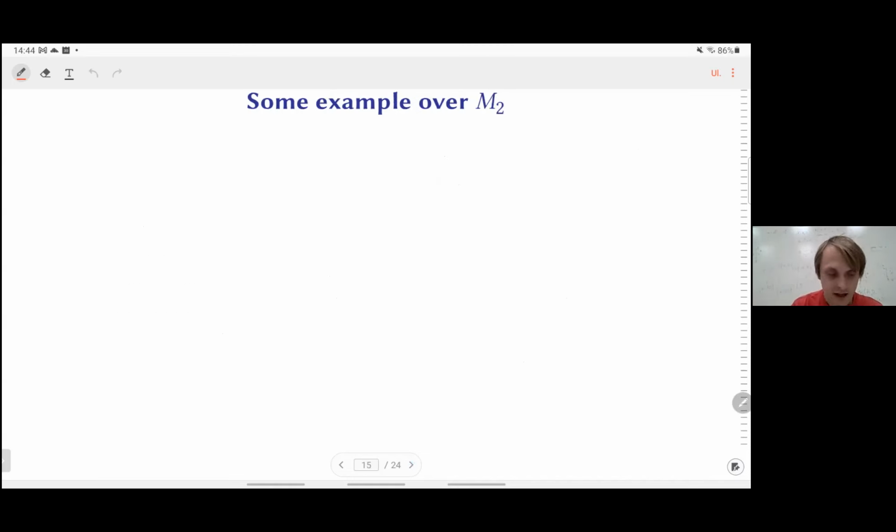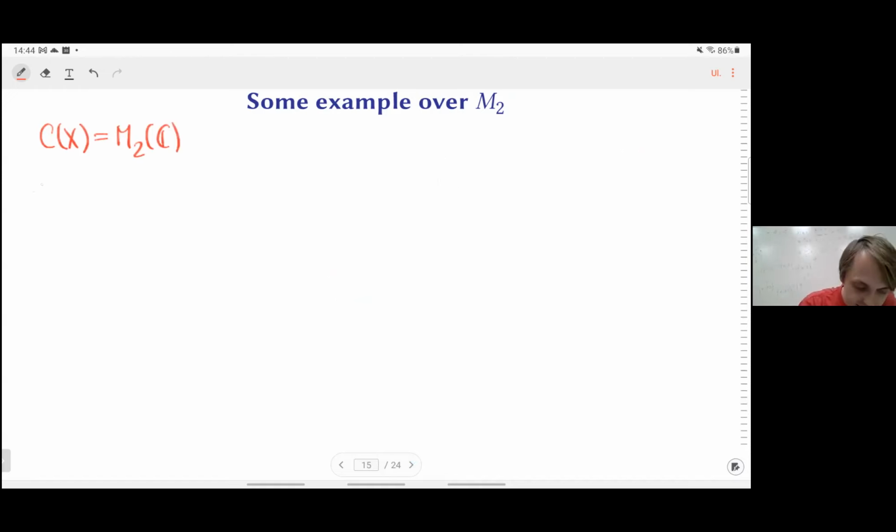So maybe I can continue. Maybe it's time to have some more complicated examples. The simplest finite-dimensional C-star algebra that is non-commutative is the algebra of 2 by 2 matrices.